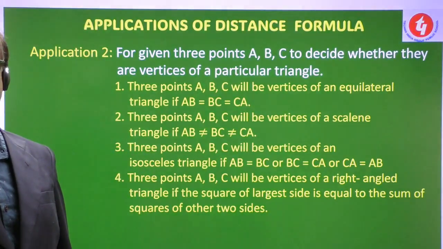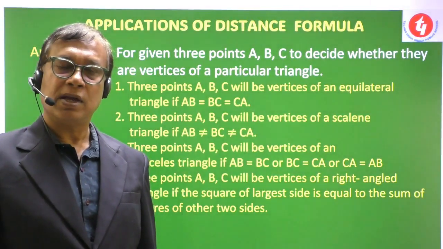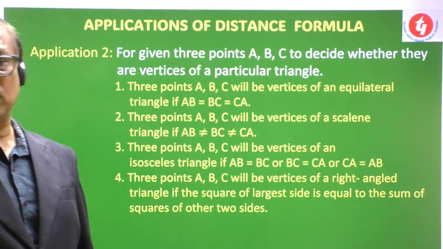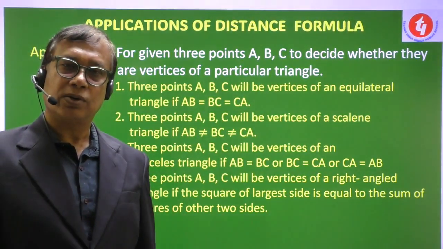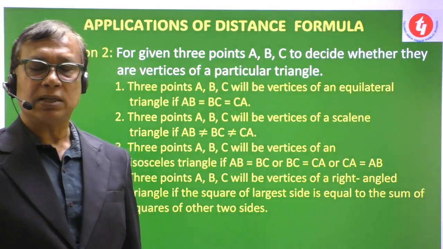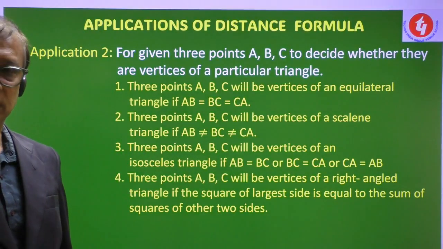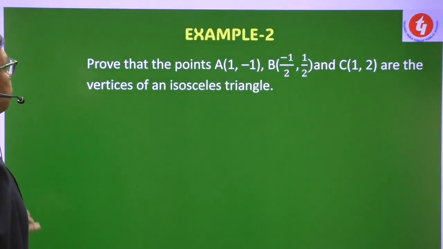That is, Pythagoras theorem is satisfied, then we can say the triangle is a right angle triangle. And if the triangle is a right angle triangle along with 2 sides equal, then we can say it is an isosceles right angle triangle. Yes. So now take one example.